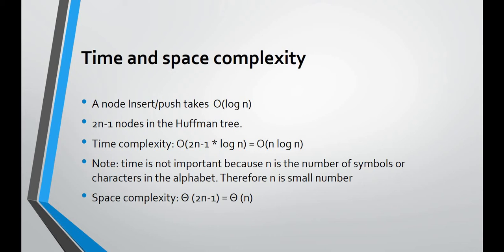We have to make a note here that the time is not important because n is the number of symbols and characters in the alphabet. Therefore, n is going to be a small number. Okay, the same thing for the space complexity. The space needed to build the tree should be theta 2 times n minus 1, or theta n.